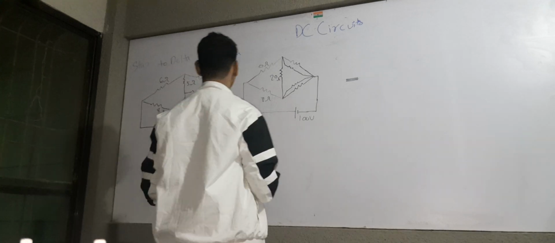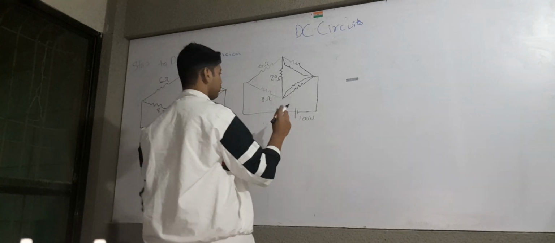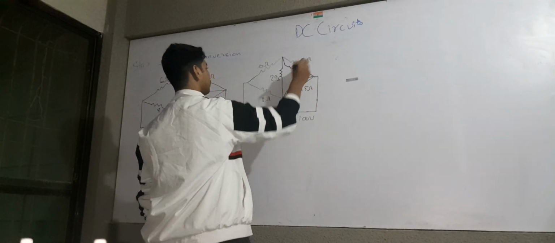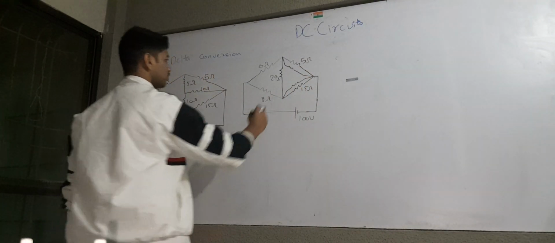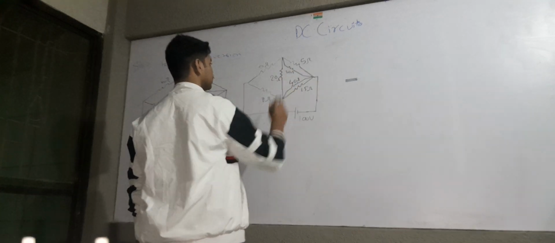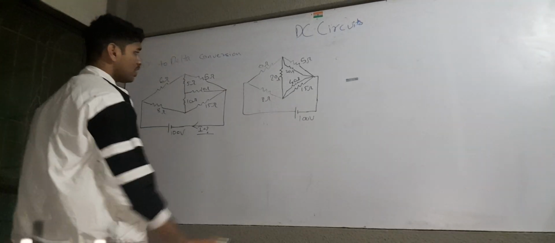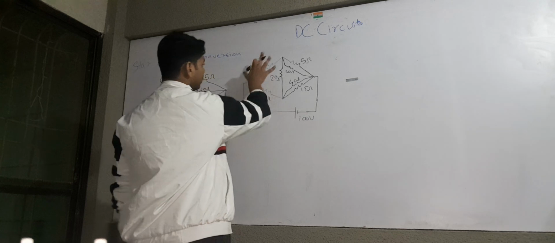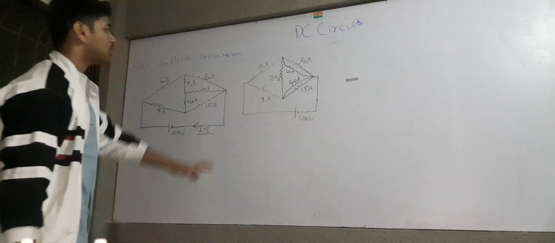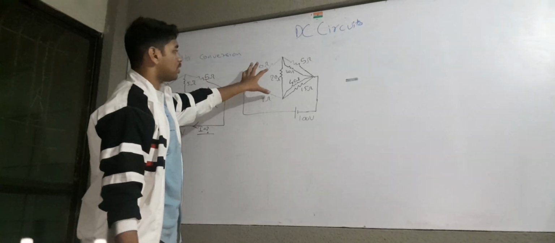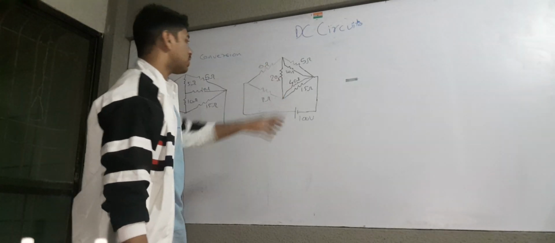Never forget to write the unit in the diagram. This is 15 ohms, this is 5 ohms. Now this one is 40 ohms, this one's 20 ohms. So now as you can see here, this is a parallel, this is a parallel, and this right here is now a Wheatstone bridge, and this is a delta, but let's convert it into star.